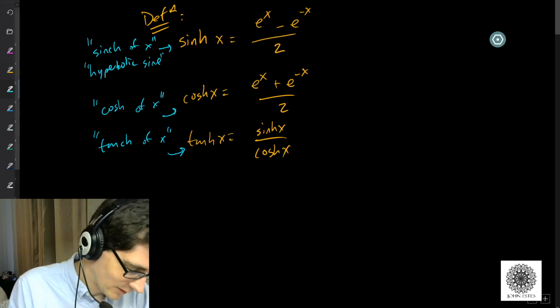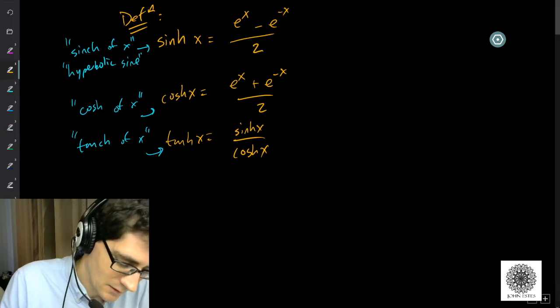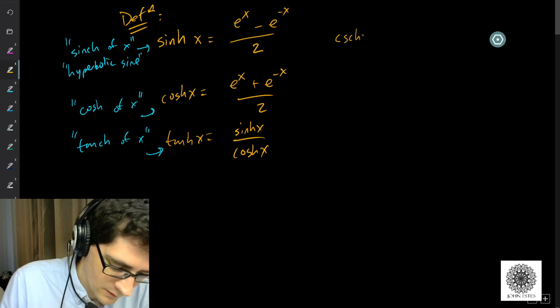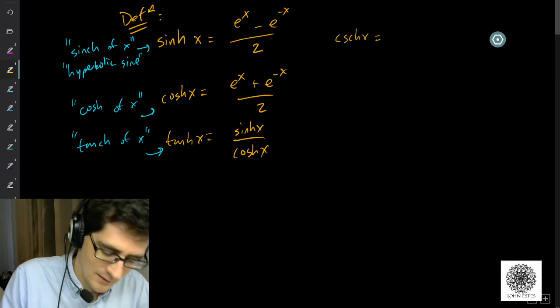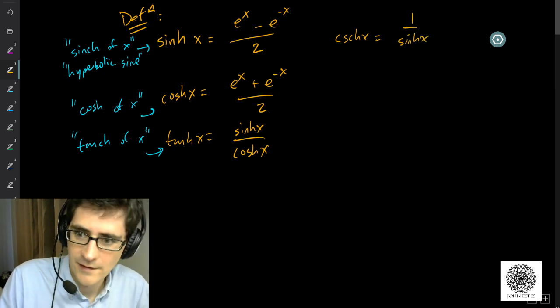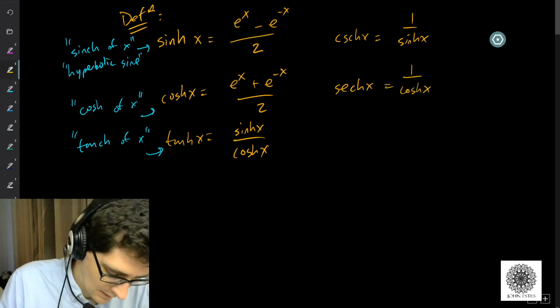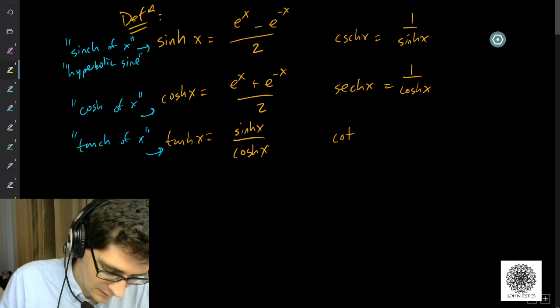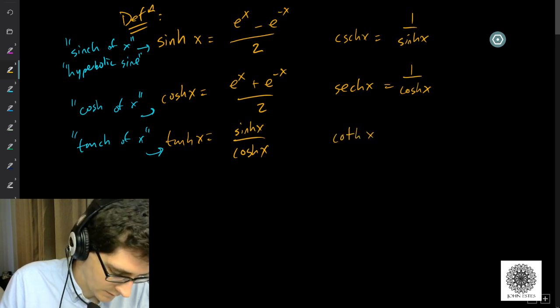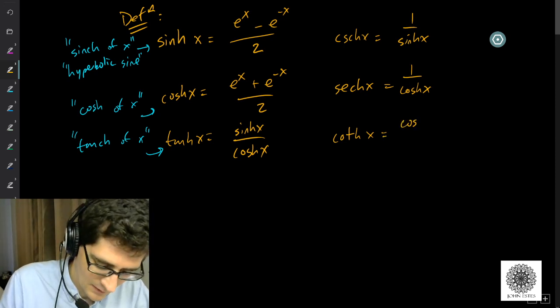Okay, now what about what we normally call the reciprocal functions? Yes, we have those. So you have csch, which is 1 over sinh. You have sech, which is 1 over cosh. And then you have coth, or you can say cotanh, however you want to say it. And we just define that.